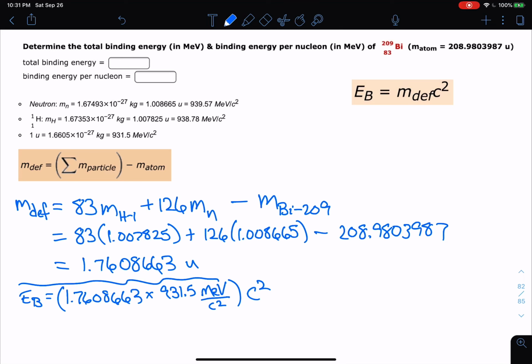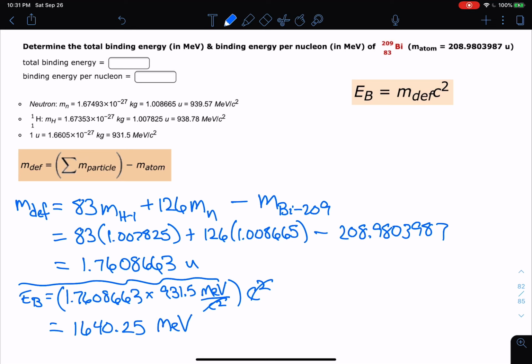What's so wonderful here is the c squareds cancel, which makes it very, very simple. So I just take the mass defect I already calculated and multiply it by 931.5, and I get 1,640.25 mega electron volts.